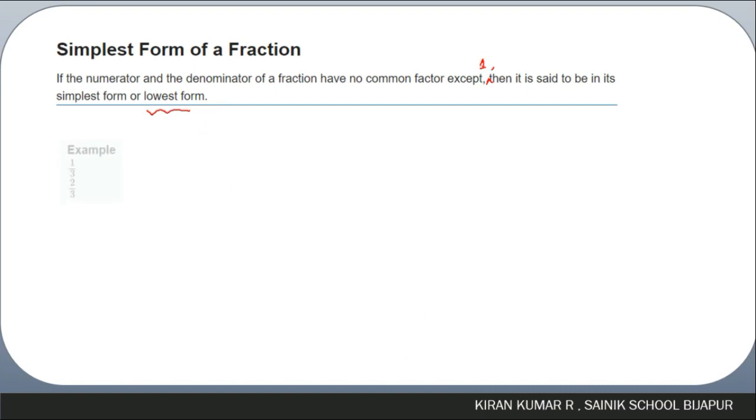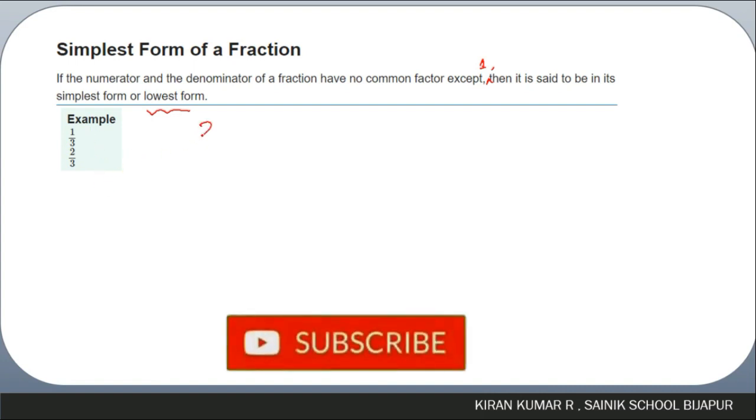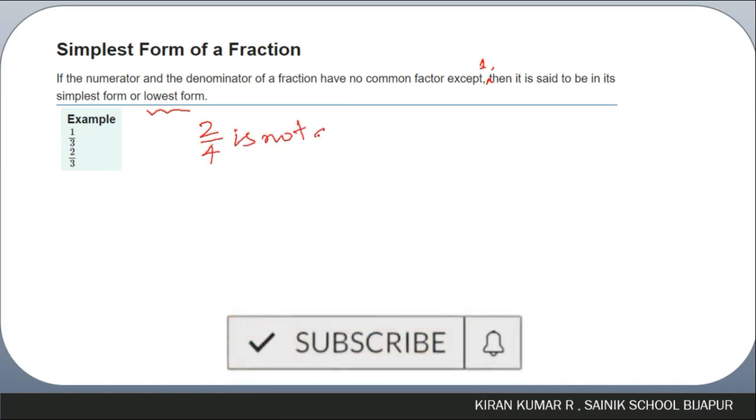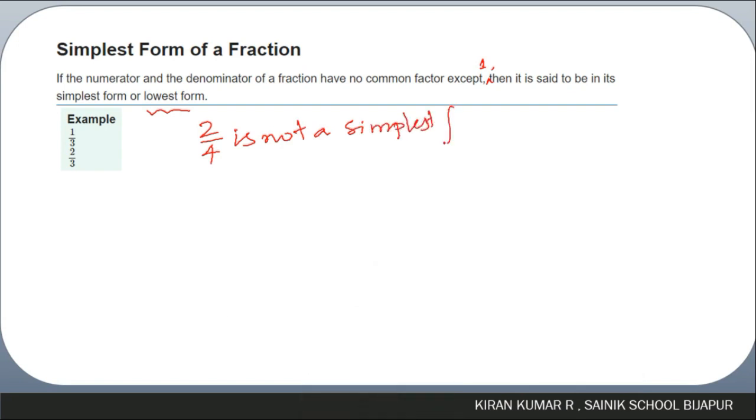For example, 1 by 2, 1 by 3, 2 by 3, these are all in simplest form. If you take 2 by 4, it is not in simplest form. The simplest form of 2 by 4 is 1 upon 2.